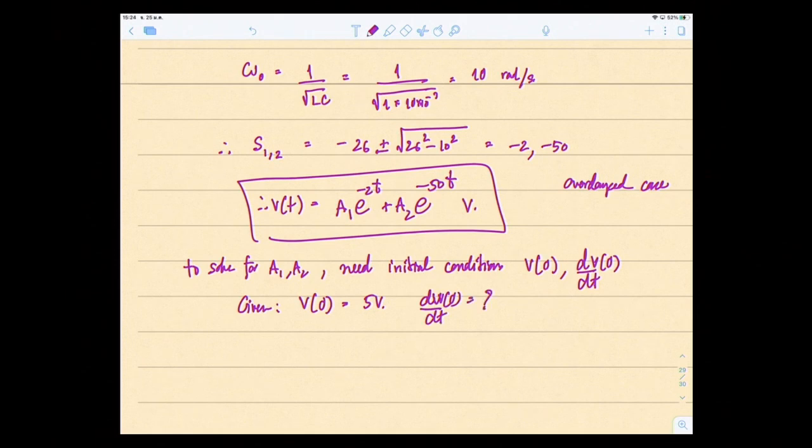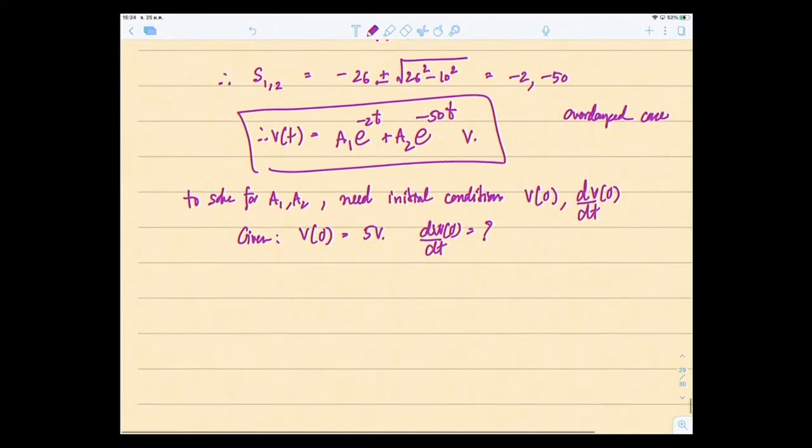So let's look at what dV dt at 0 is. Let's look at the circuit again. The circuit was R, L, C, with IR, IL, IC, and this is your V of t with respect to ground.